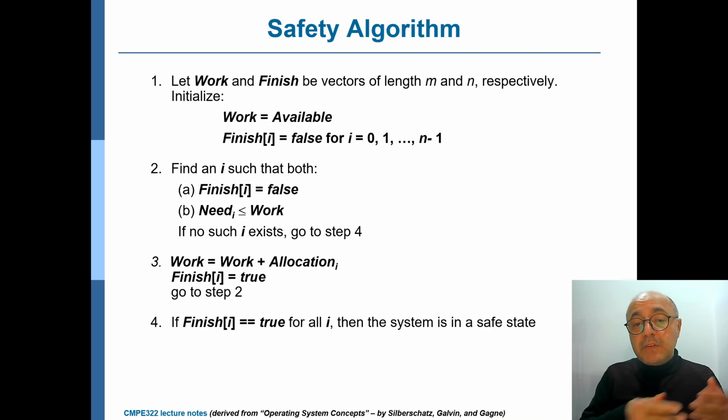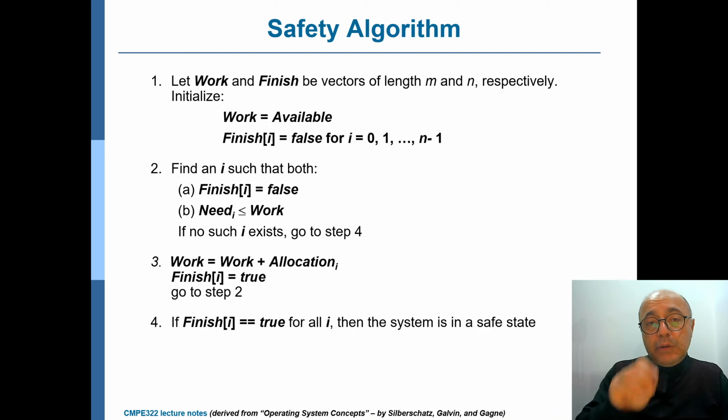A process that previously could not be completed may now be completed because in the previous stage more resources had been added to the work vector. So this way, try to find actually a sequence of processes that could be completed.